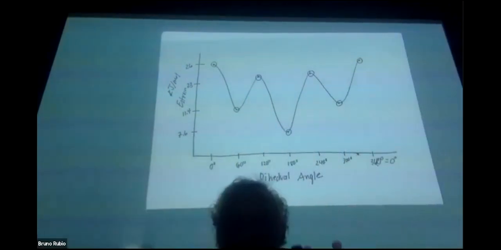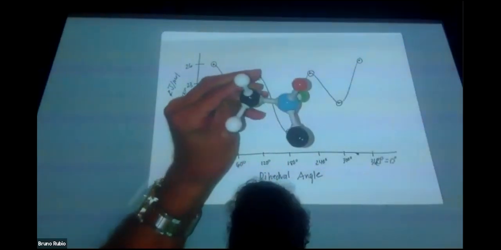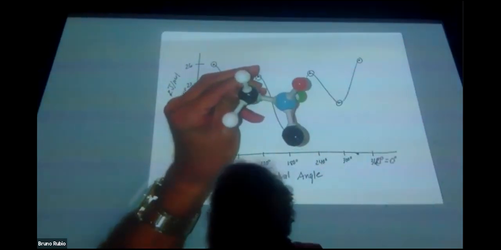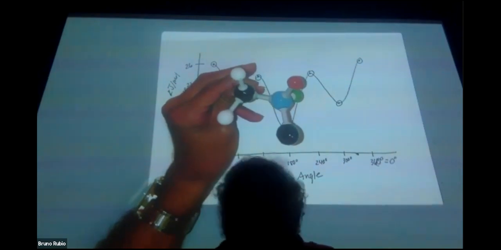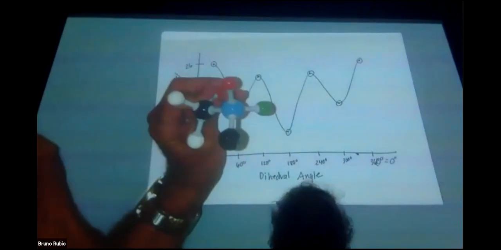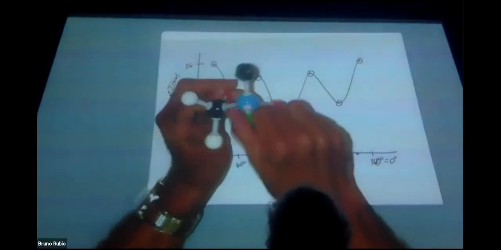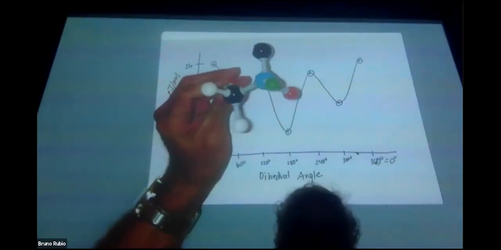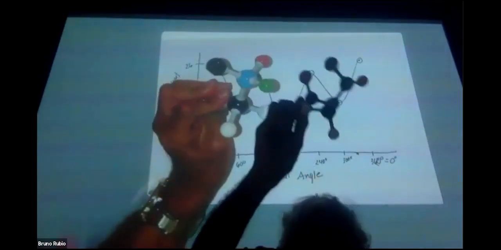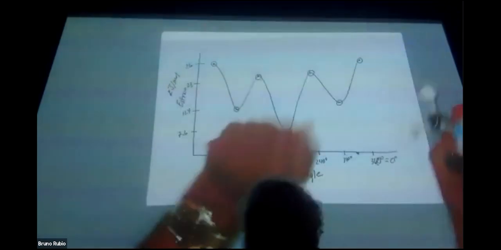So here you have a molecule, and it's minding its own business, but it's surrounded by bazillions of other molecules. And one of them comes along and crashes into this molecule, and that's what sets this bond rotating. And then another molecule comes crashing down like this, and that's what rotates this molecule.